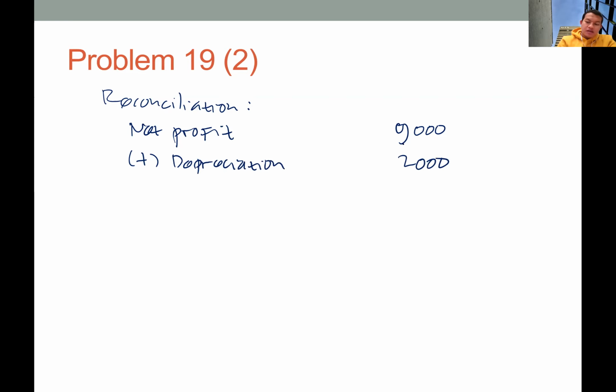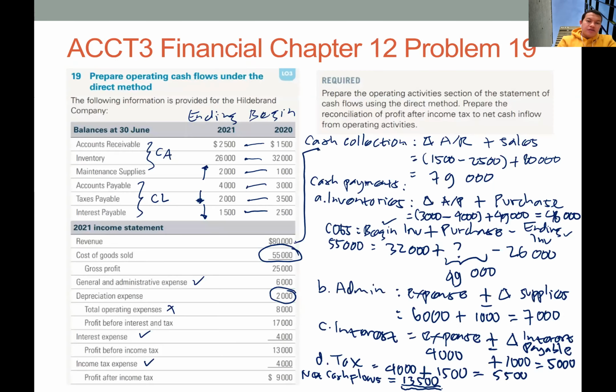Then we look at the changes in the balance of current assets and current liabilities. So these two, what happened with their balances? If we look at current assets, we have an increasing balance of accounts receivable, and a decreasing balance of inventory.